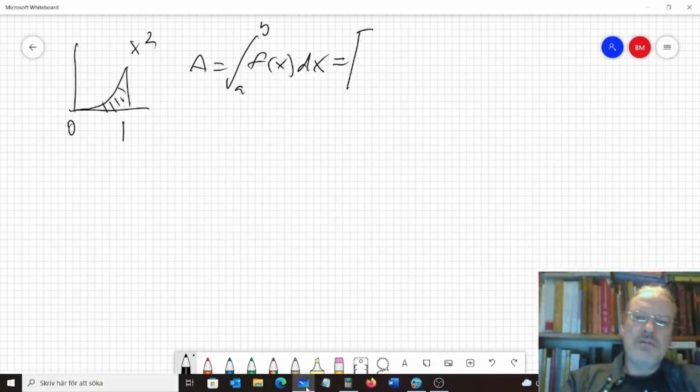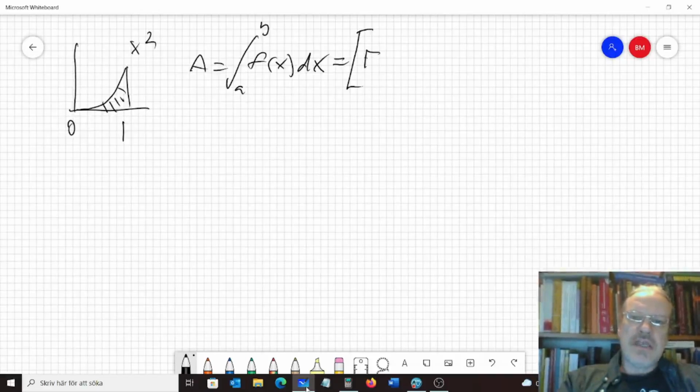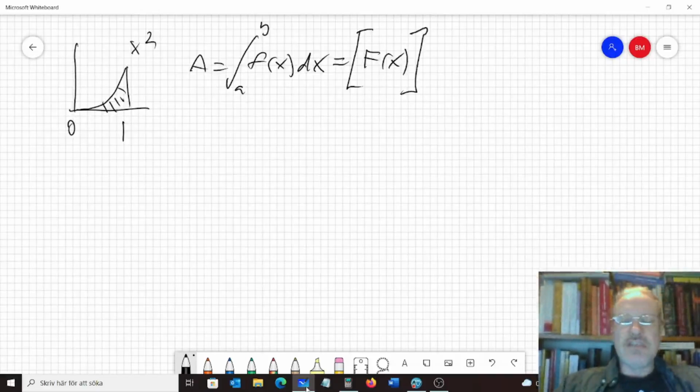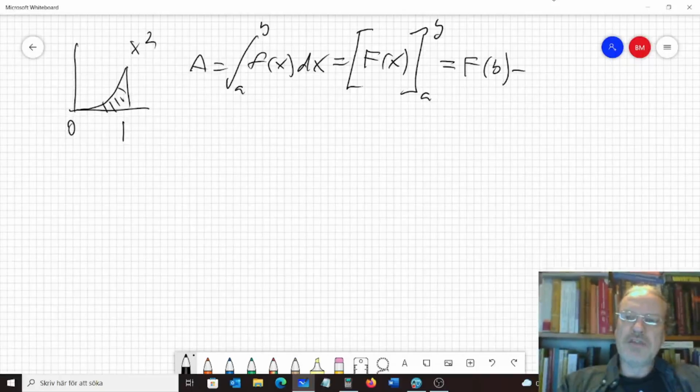Next step we need to do is to find our antiderivative or primitive function. So that is capital F of x. We don't need to care about the constant since that will cancel away anyhow. From a to b, and then we plug in the value b. So F of b, and then minus plugging in the value of a.